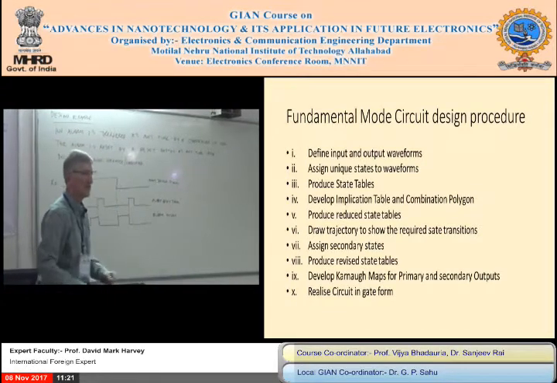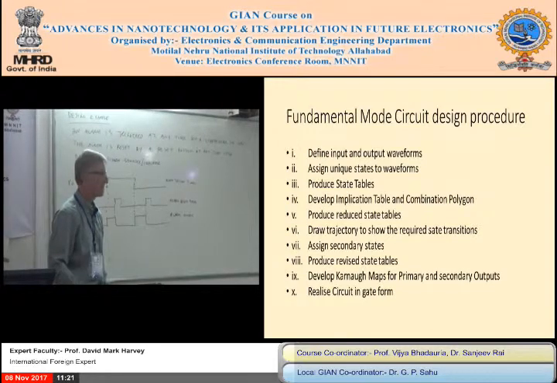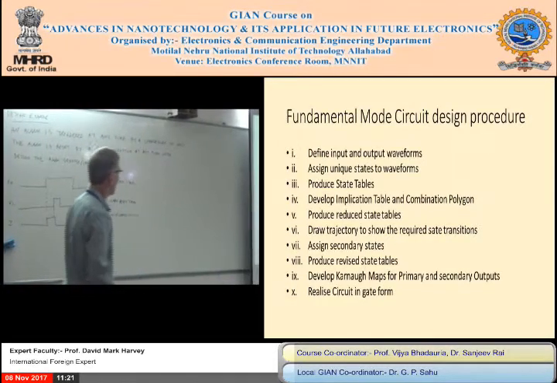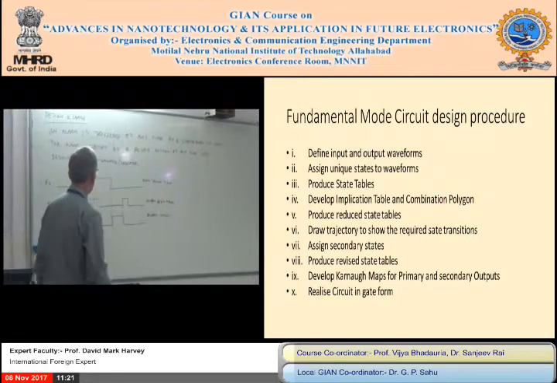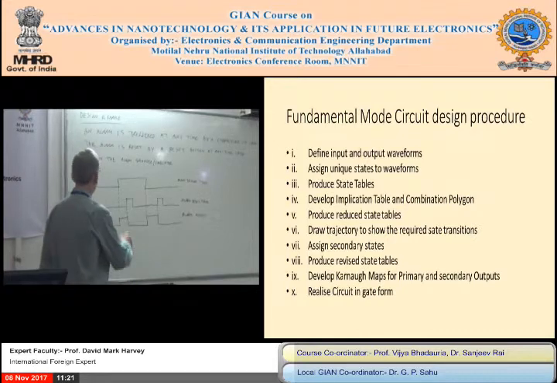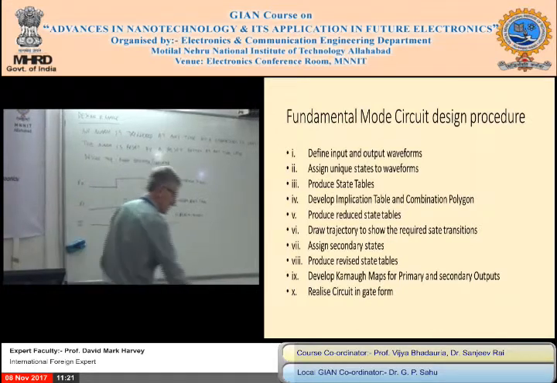Okay, so first thing, remember, we've got the waveforms, but we need to assign unique states. Now, there's no tricks in this one, so let's see how we do it.